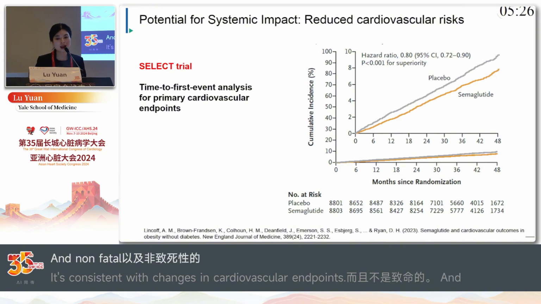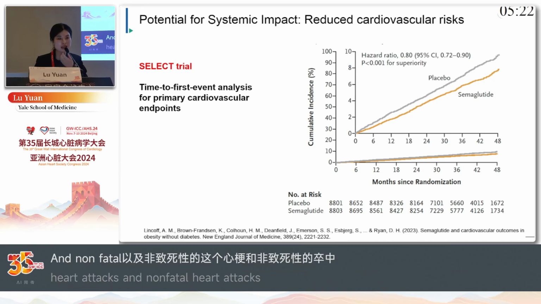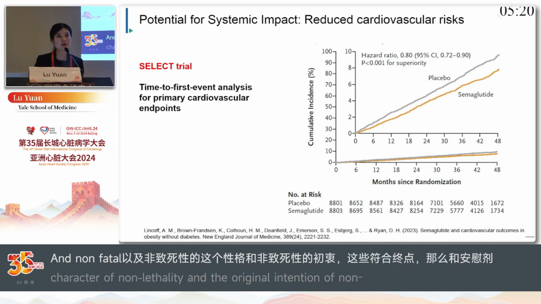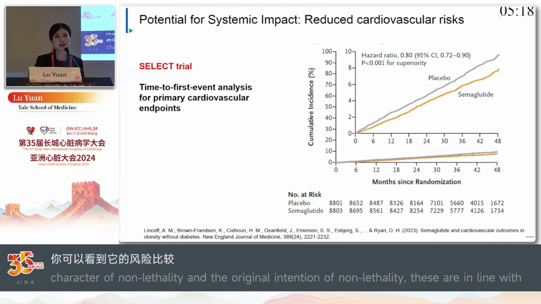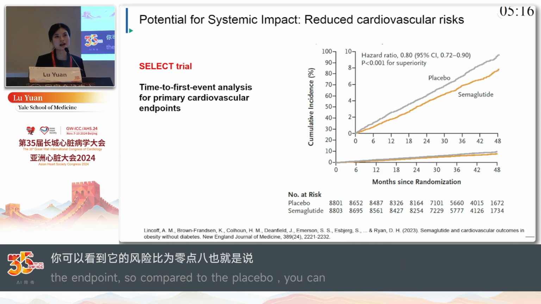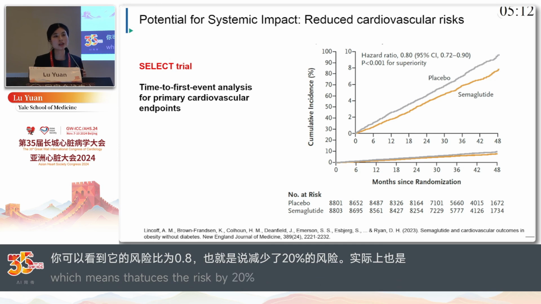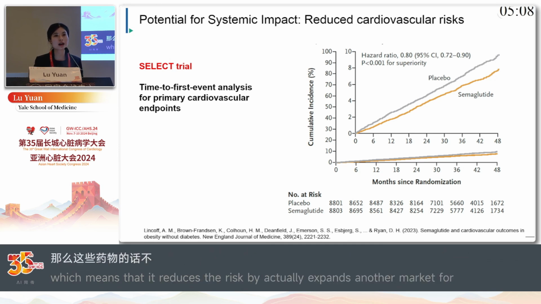We can see that the hazard ratio comparing semaglutide with placebo is 0.8, meaning there is about 20% risk reduction in cardiovascular events. This really opens up a big market and promise for these drugs, not only for chronic weight management, but also as drugs for cardiovascular risk reduction.